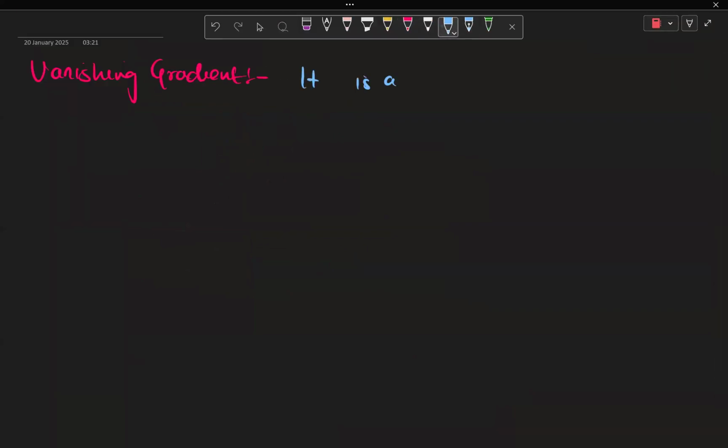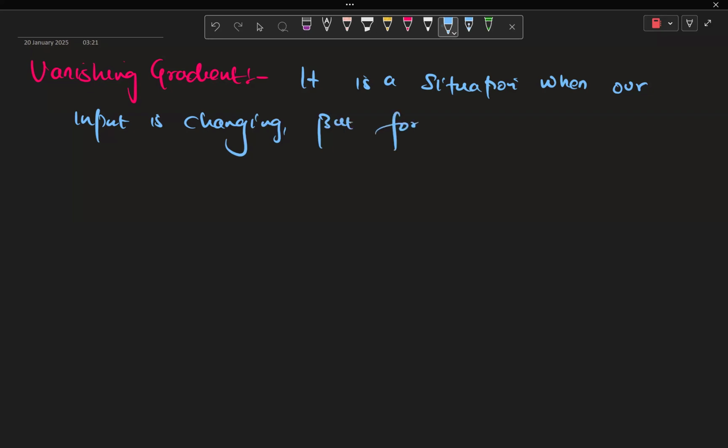It is a situation when our input is changing, but for that, the output is not changing. This situation is called vanishing gradient.